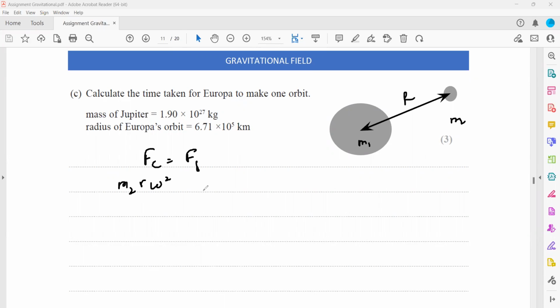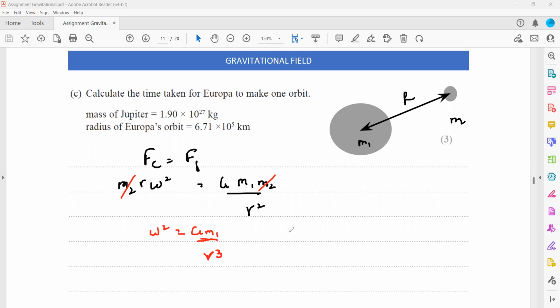The gravitational force is G m1 m2 over r squared. The m2 cancels with m2. So r omega squared is equal to G m1 over r squared, and the r multiplies over to the numerator, so it becomes r cubed.